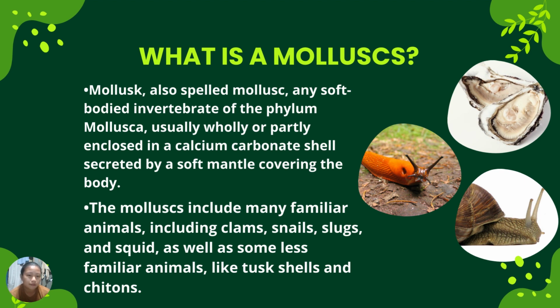This includes many familiar animals, including clams, snails, slugs, and squid. There are also some less familiar animals like tusk shells and chitons. These pictures contain some examples of mollusks, but there are very many types of mollusks.